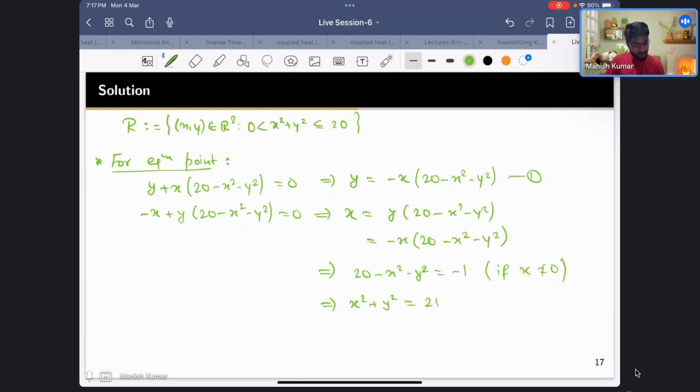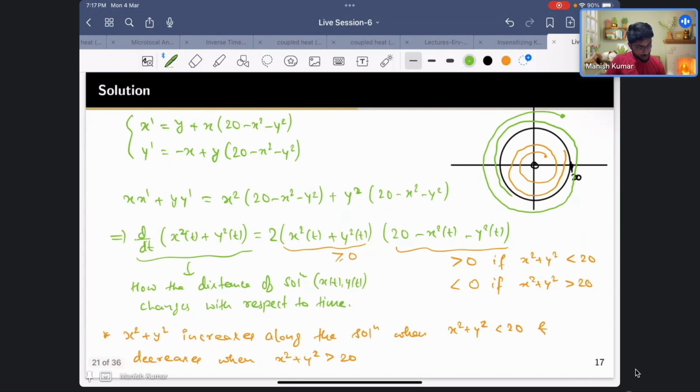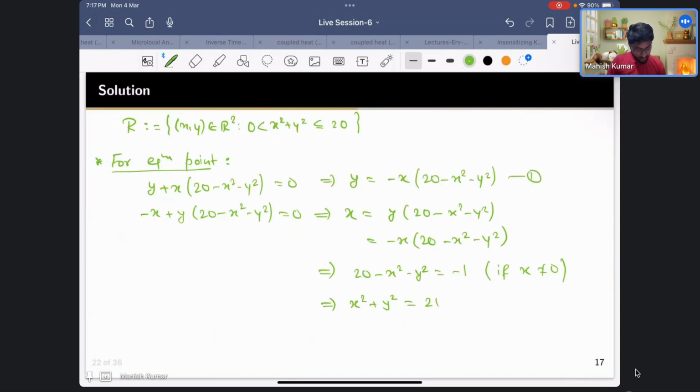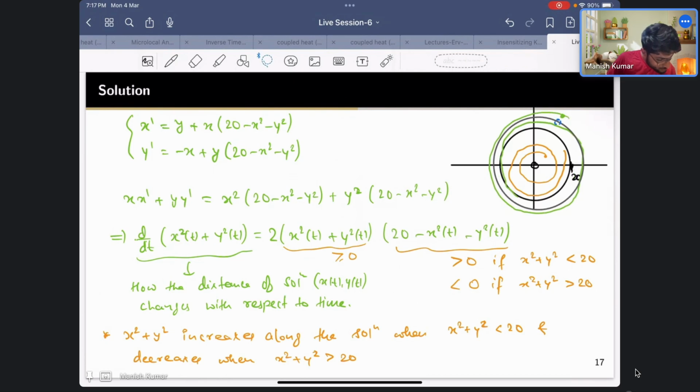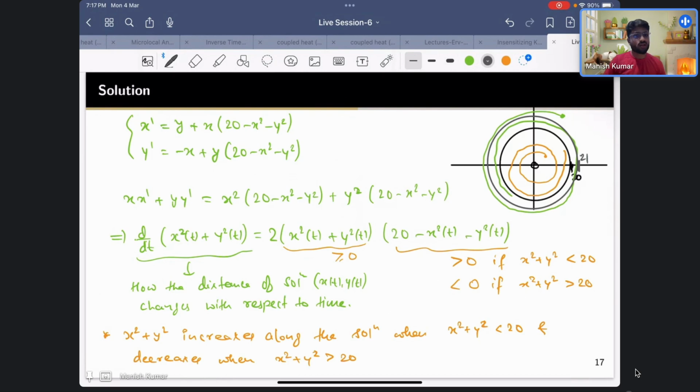That means the circle, the bigger one, is the set of equilibrium points, right? So let me substitute. Maybe this circle, this length is, let's say, 21. So this circle contains the equilibrium points. All the points on this circle are equilibrium points, right?